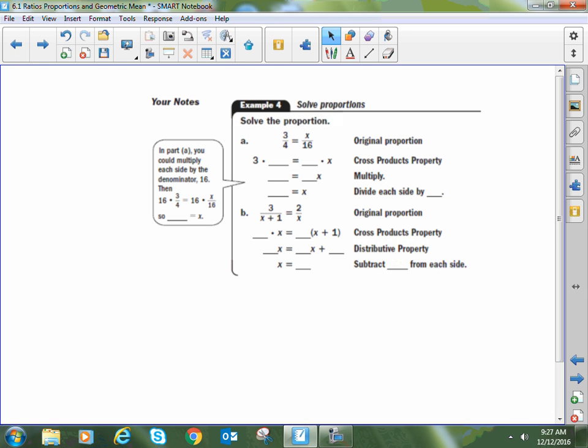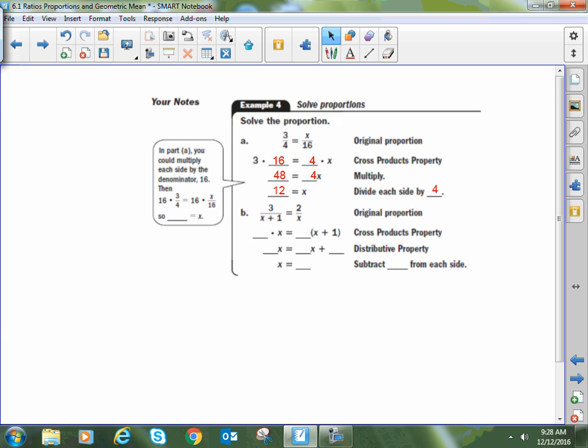Usually I take the numerator on the left side and multiply it to the denominator on the right side, and then I take the numerator on the right side and multiply it to the denominator on the left side. They have it set up pretty much how I would do it here. We say 3 times 16 and 4 times x, and then simplify your values. So we get 48 is equal to 4x. Divide both sides by 4, and in this case we get x equals 12.